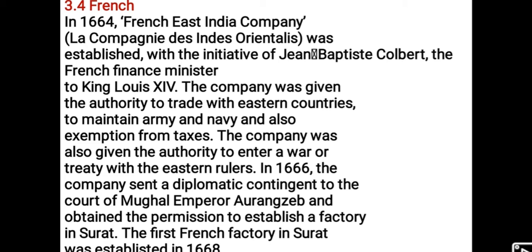The French came up with their French East India Company, or in their language La Compagnie des Indes Orientales, established with the initiative of Jean-Baptiste Colbert, the French finance minister. That was an initiative of their finance minister to King Louis XIV.